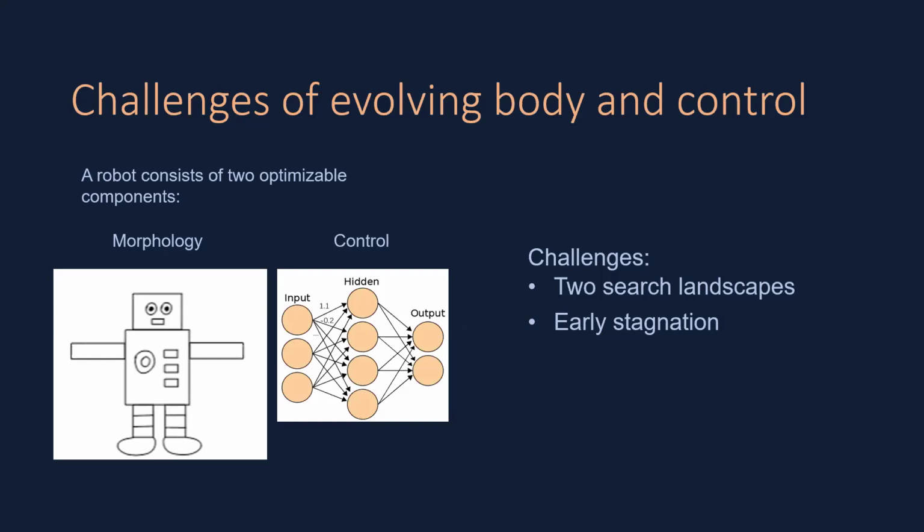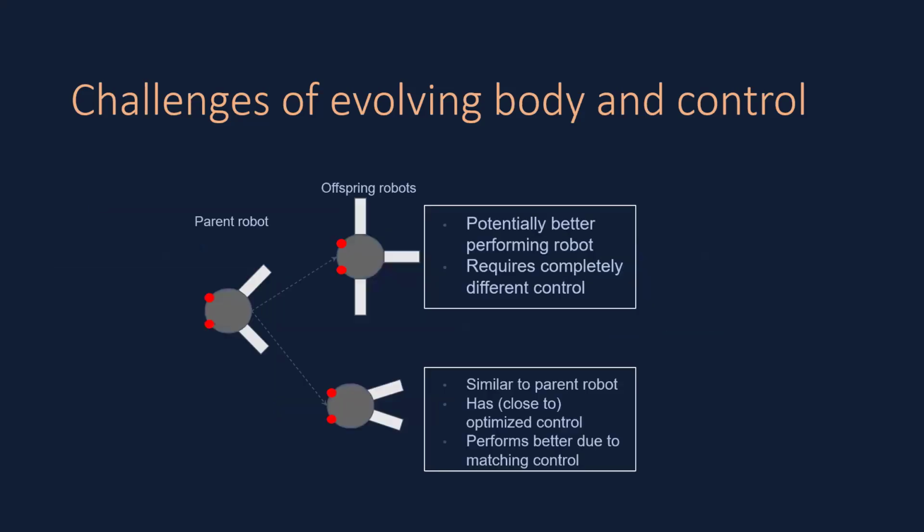To visualize this, let's say in an evolutionary robotic setting, you start off with a parent robot, and this creates two offspring robots. The one at the bottom is very similar to the parent robot, so it has very close to optimized control because it has already been optimized for the parent robot, and it performs better than the top one.